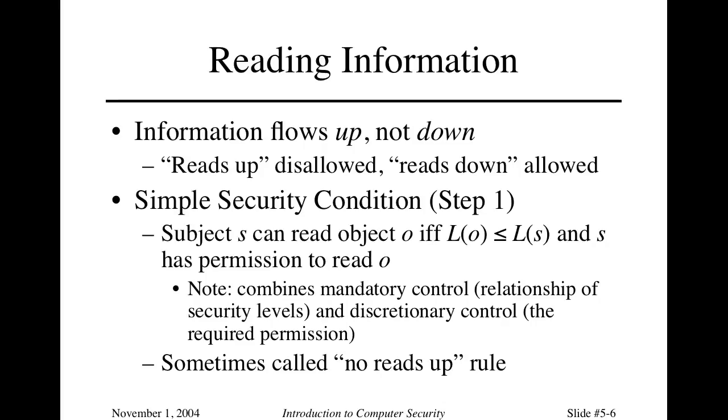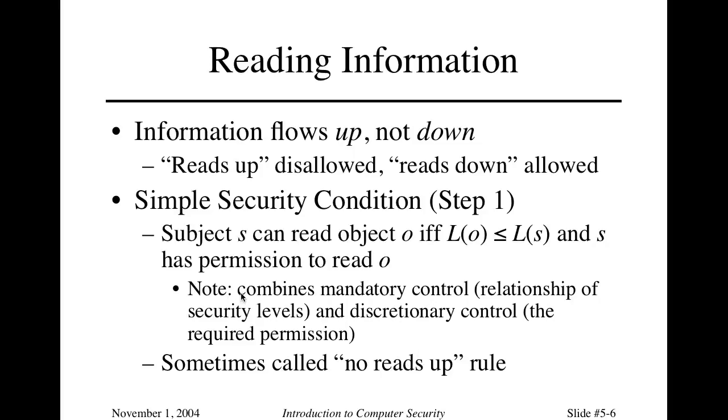So a subject can always read files at the same level or files at lower levels. So that's the rule. This is called the no reads up rule, or the reads down rule.